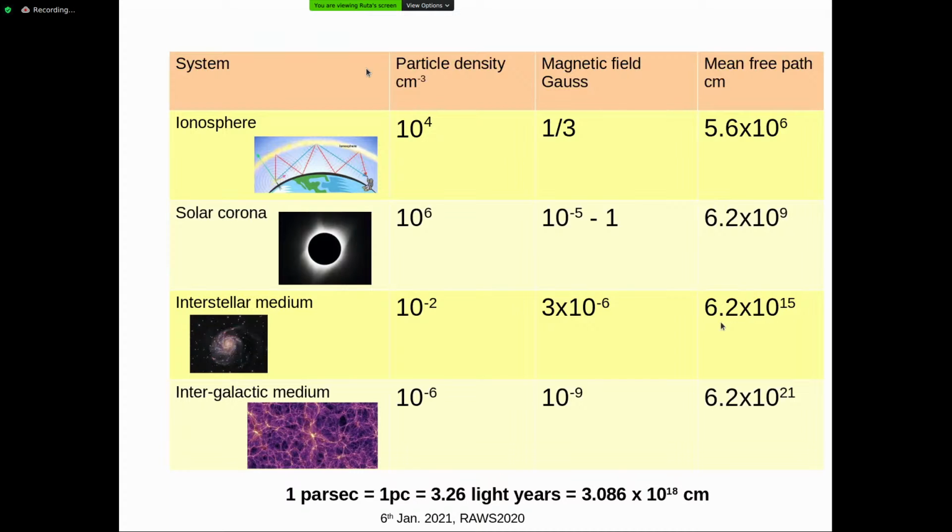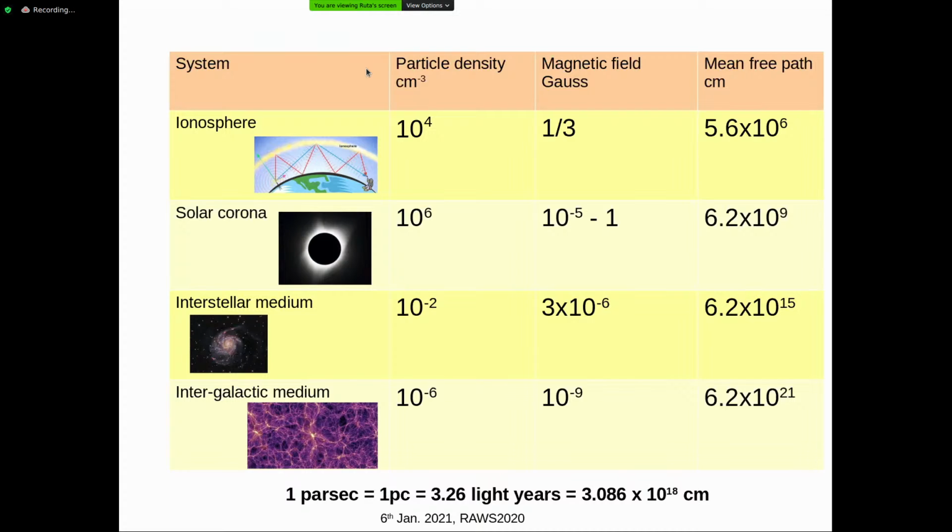Basically, you can imagine the mean free path as the distance a particle travels before it collides with another one. So particles really have to go very long distances to meet another particle. It's a very, very thin space.